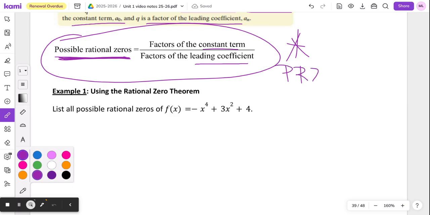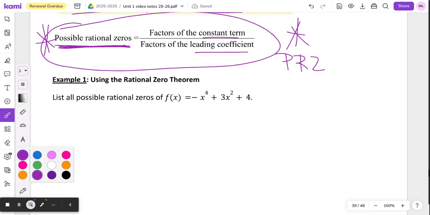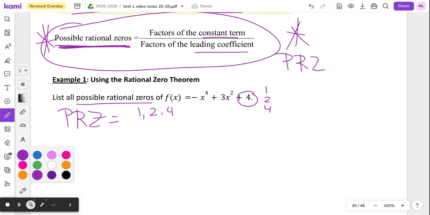We call these PRZs, or possible rational zeros. So if you want to list all of the PRZs, you take the constant term. The factors of that are 1 times 4, 2 times 2. They could be positive or they can be negative. We divide them by the factors of the leading coefficient, in this case, 1 times 1.